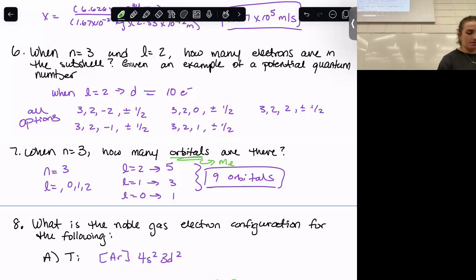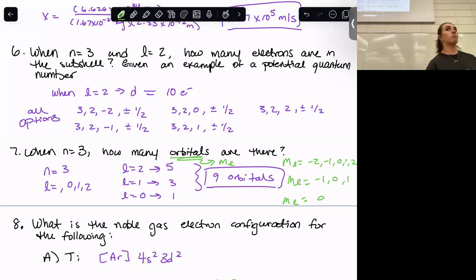If L is equal to 2, that means that M sub L is equal to -2, -1, 0, 1, or 2. So there are 5 orbitals that you can fill. When L is equal to 1, M sub L can equal -1, 0, 1. 3 options there. And then L equal to 0 means that M sub L is equal to 0 as well. There's only 1 option there. So that's where the 9 orbitals come from.